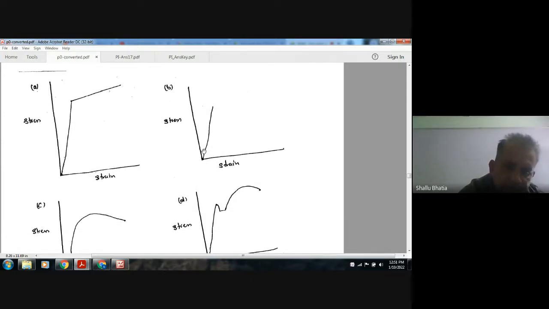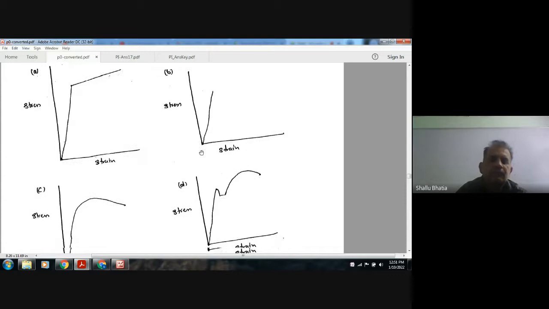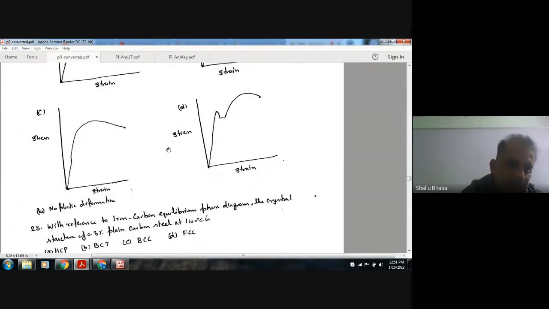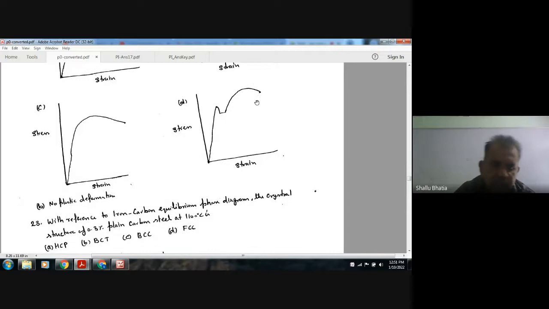And here the stress is only increasing with strain. So this is the elastic limit or fracture point. Here there is no permanent deformation, so this is the graph for a brittle material, with no plastic deformation. Here the curve is changing, which means plastic deformation. And here again the curve is changing, so there is also plastic deformation.